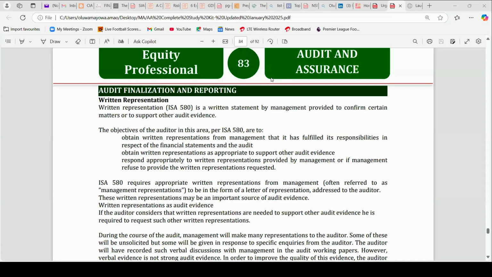But there are some written representations that sometimes the auditor will draft himself and give to management to sign off. So management can either sign it off or add some few clauses to it, but it will be drafted by the auditor. Now you may ask, why is the auditor drafting the written representation for management if management is the one making the stand? The reason is that the auditor is the one seeking clarity.